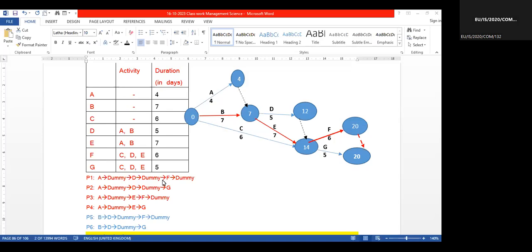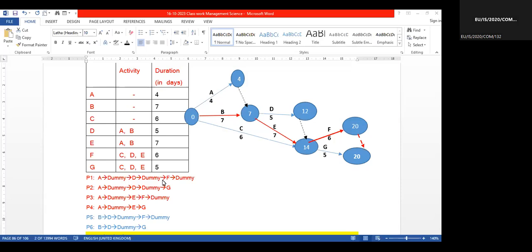So this project consists of 7 activities in total. Out of these, 3 activities are critical activities.